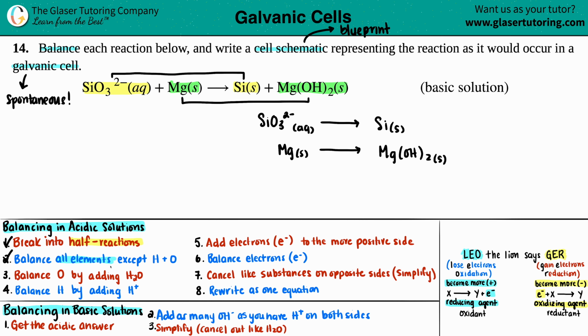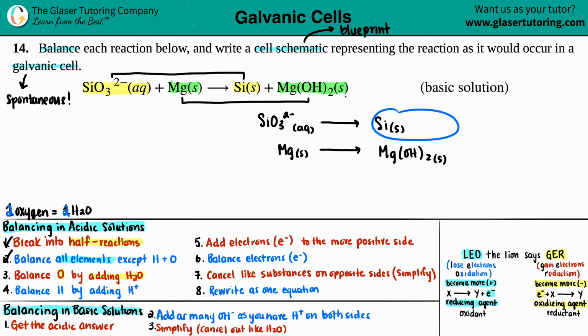Now step 3. Step 3 says, okay, now we can balance the oxygens. We're going to do that by adding water. So the rule is if you need 1 oxygen, you will always add that in terms of 1 H2O. If you need 2 oxygens, you'll add 2 H2Os. 3 oxygens, 3 H2Os. So let's go to the top. Looks like I have 3 oxygens on the left side.